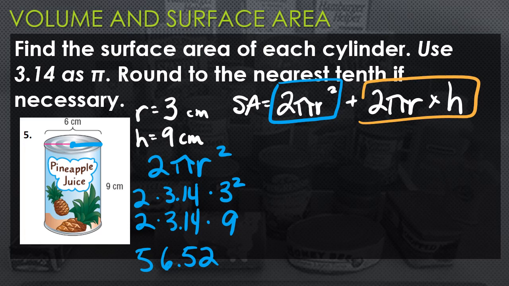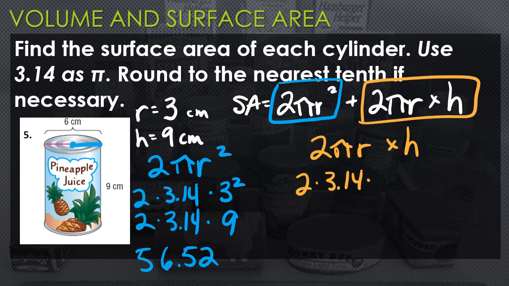Let's take care of our second part now. We have 2 pi r times h. So we're doing 2 times 3.14 times 3 times 9. We have four things we're going to multiply together. Be careful when multiplying these together that you don't make any mistakes.